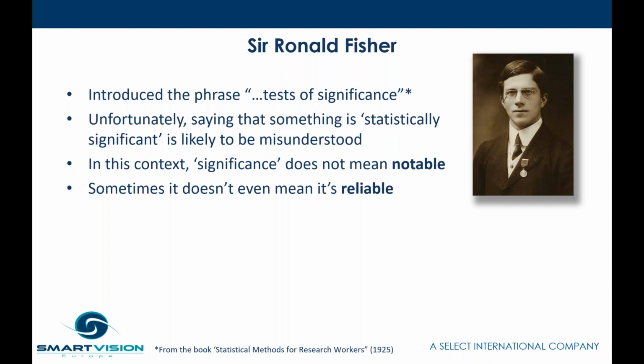One of the issues in the world of statistics at the moment is something called the replicability crisis or reliability crisis. And you can actually Google that and look it up. It basically refers to the fact that if you look at a lot of classical studies that were done in the 1960s and 70s, particularly in the world of psychology and social sciences, when people have tried to replicate those studies, they find that they don't get the same level of significance, the same results, if you like, when they reproduce them.